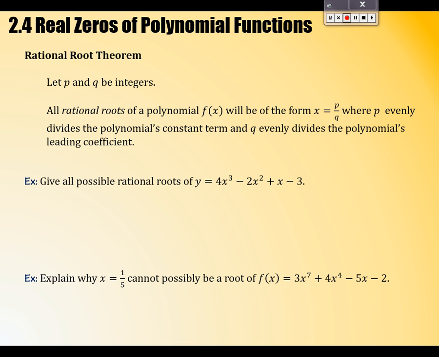If you have a polynomial, like how about this one right here that we're looking at down here, then if it has rational roots, and that's a big if, this only applies to possible rational roots that it might have.